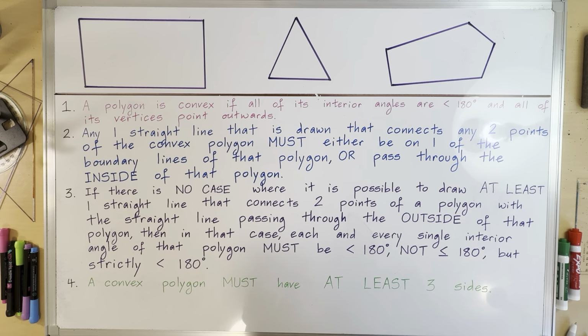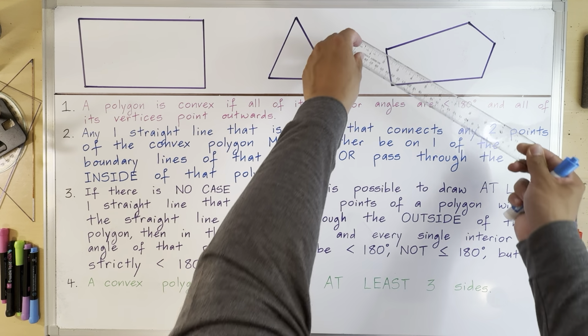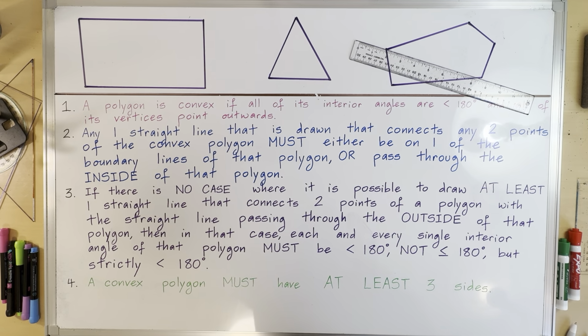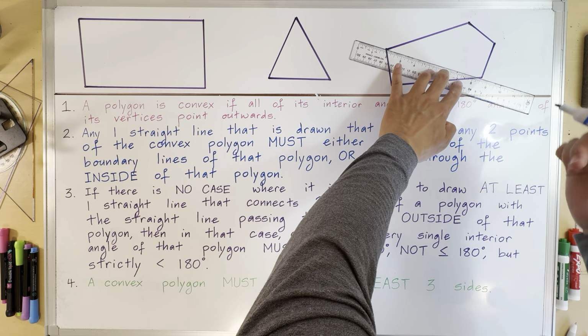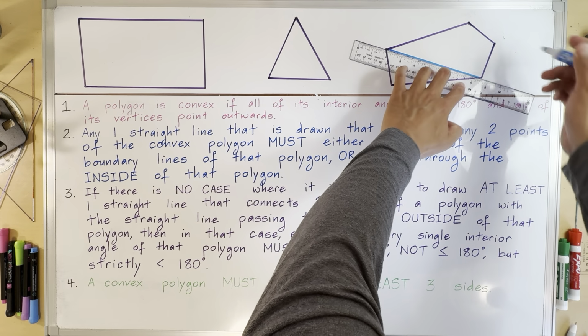And if I were to connect this point and this point of this five-sided polygon, then as you can see, it passes through the inside of the polygon.